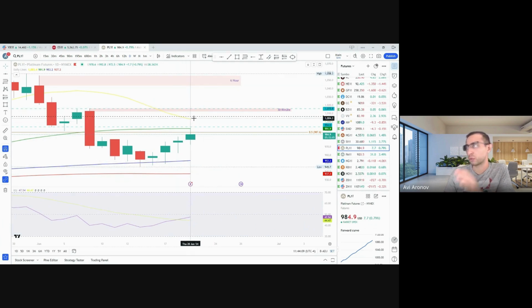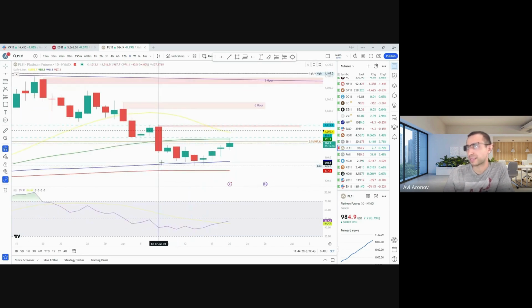It's not really an additional confirmation for us, but if the 20 moving average will be at $1,000, and it will touch it and reject it, that's the reason you can also see it's the moving average plus the whole number. Remember that it's a psychological number.